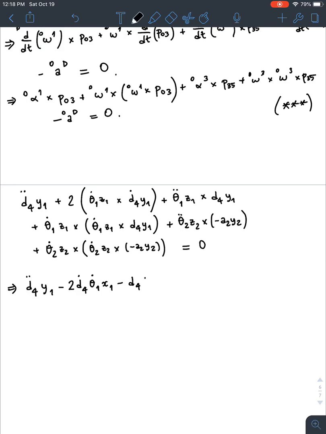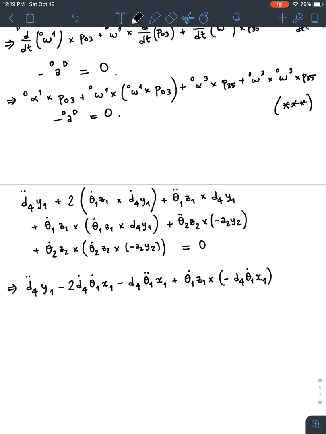Negative d4 theta 1 double dot in the x1 direction over on this term, plus, so first I have to do this cross product, as you can see. I have already done that with d4 replaced by d4 dot over here. So that's going to be, what is that going to be? That's going to be plus theta 1 dot z1 cross minus d4 theta 1 dot in the x1 direction, right?